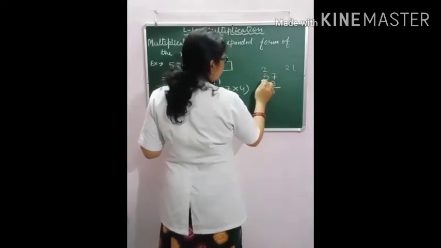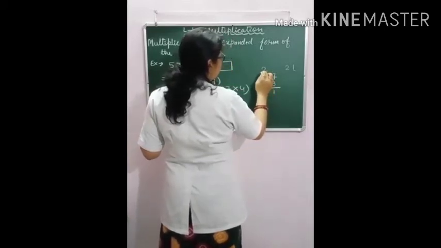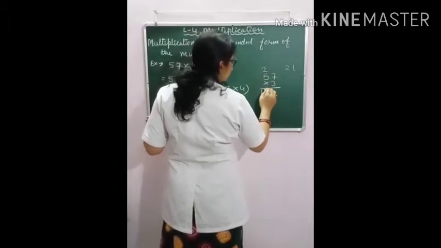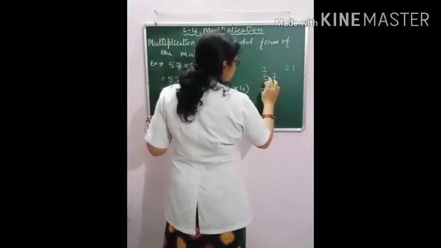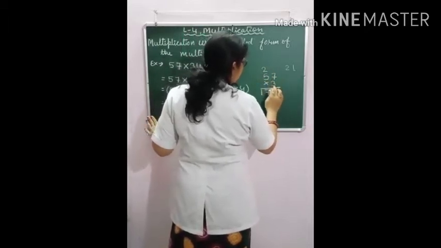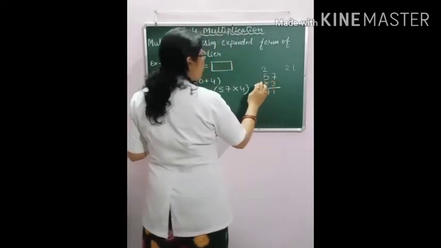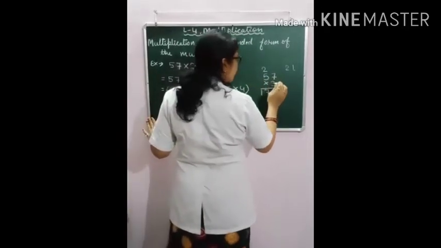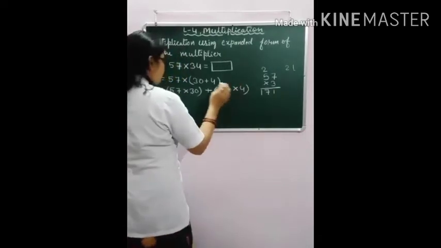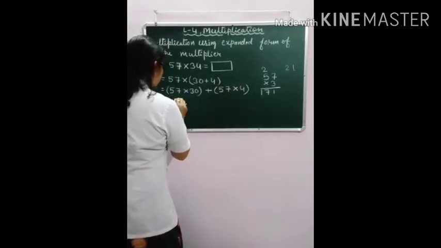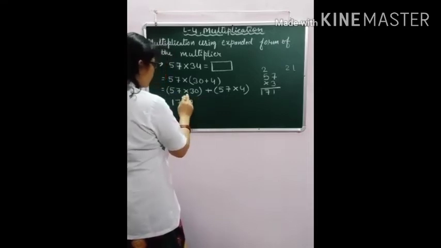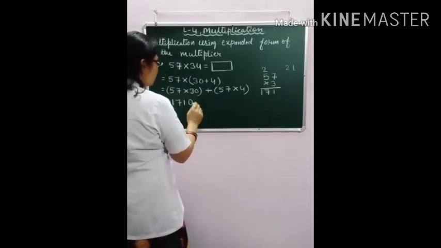Now 3 5s are 15. 15 plus 2 is 17. So this is the answer of 57 into 3. Now we have to find out the product of 57 into 30. So we will put 0 after this product. So 1710. That will be the product of 57 into 30.